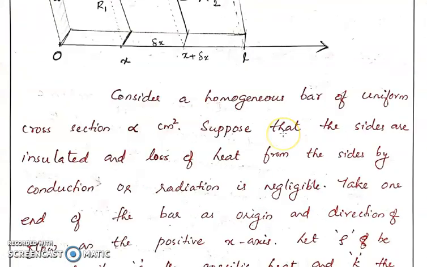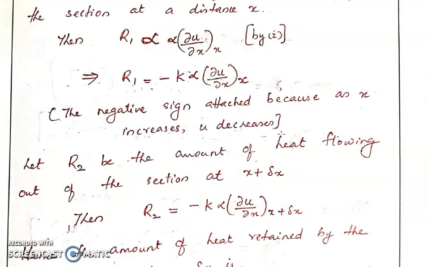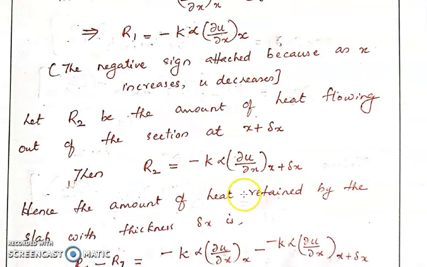Then we can write R2 is directly proportional to alpha into dou u by dou x at x plus delta x. Considering the proportionality constant, R2 is equal to minus K alpha dou u by dou x at x plus delta x.